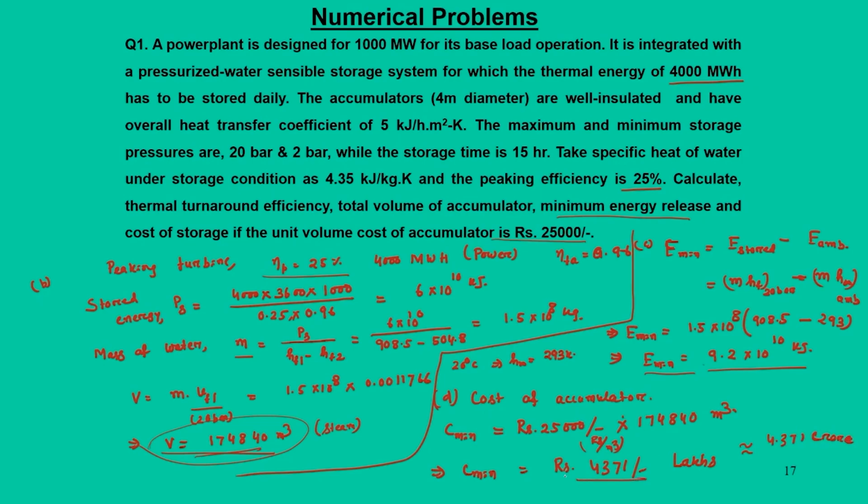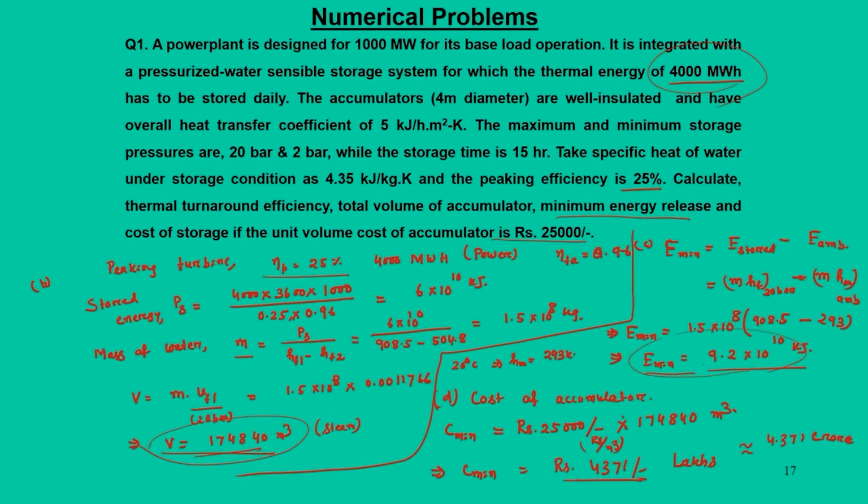So, you can say that it is a huge cost of investment, initial cost of investment. However, you can see how much energy can be released from this, and we can talk about the power requirement of 4000 megawatt hour. So, why are these numbers important?